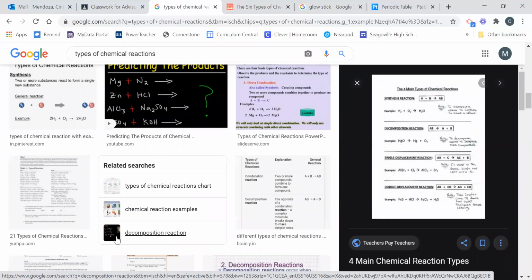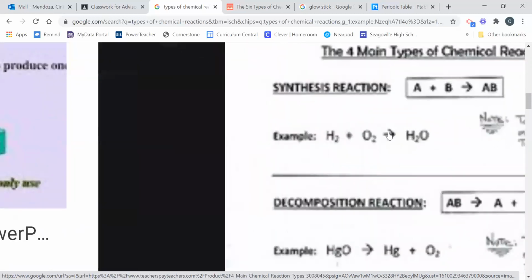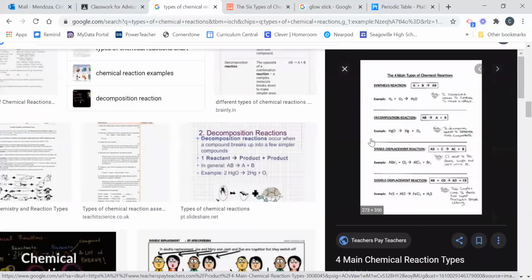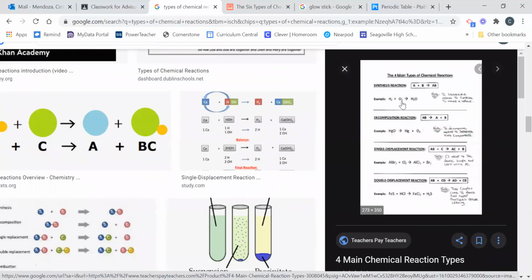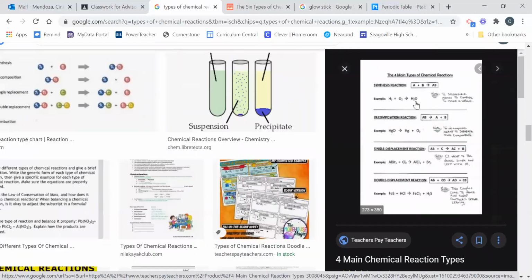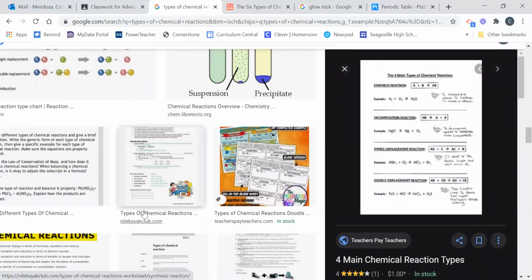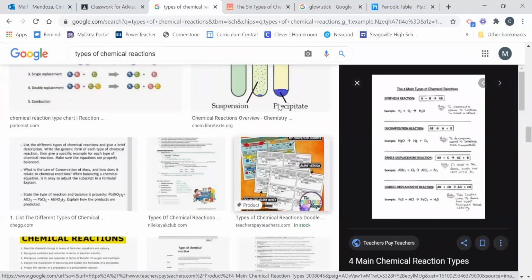This one, you would think it would be a combustion reaction, but it's not, because remember, a combustion reaction has oxygen in the front, and it also has to have CO2, a gas, at the end. So that's why this synthesis reaction is not a combustion reaction.